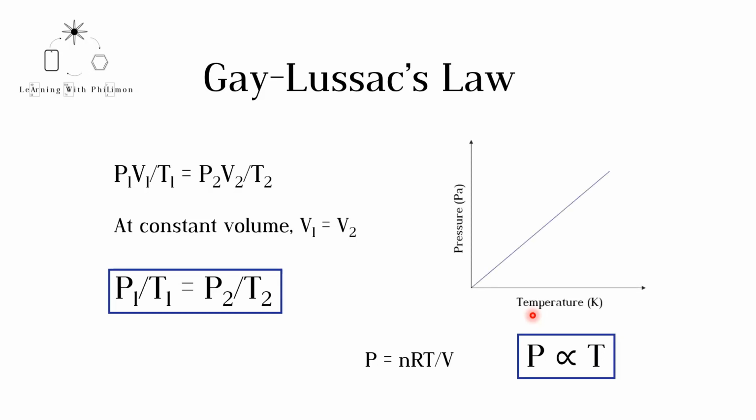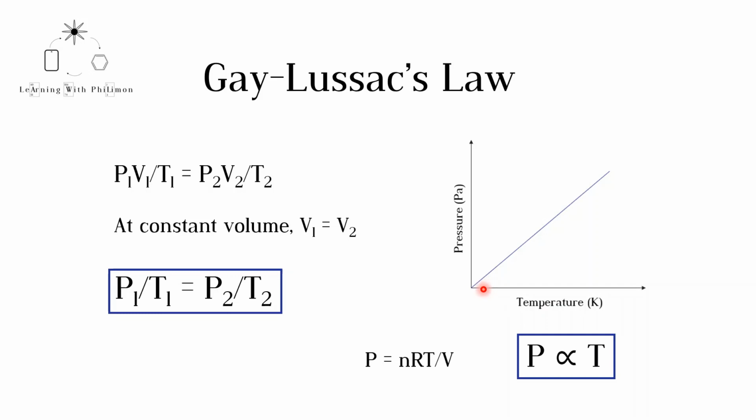This is because the gas particles are moving faster on average and therefore colliding more frequently with a container's walls. Note that at 0 Kelvin, the gas particles would not be moving, and thus the pressure would be 0.